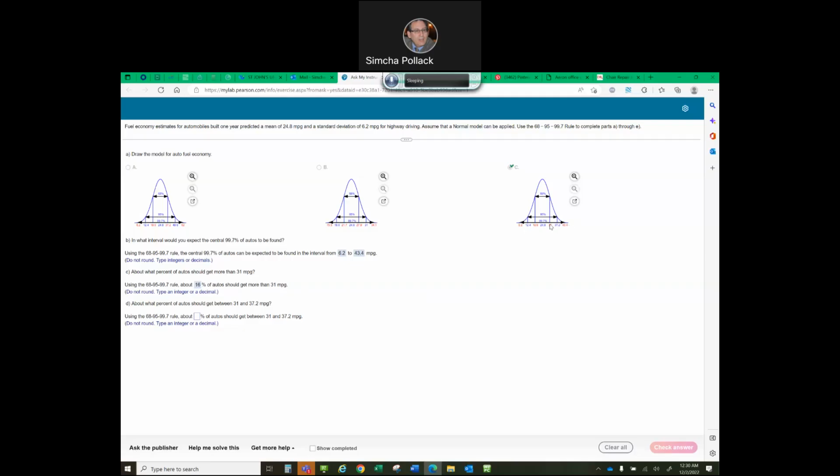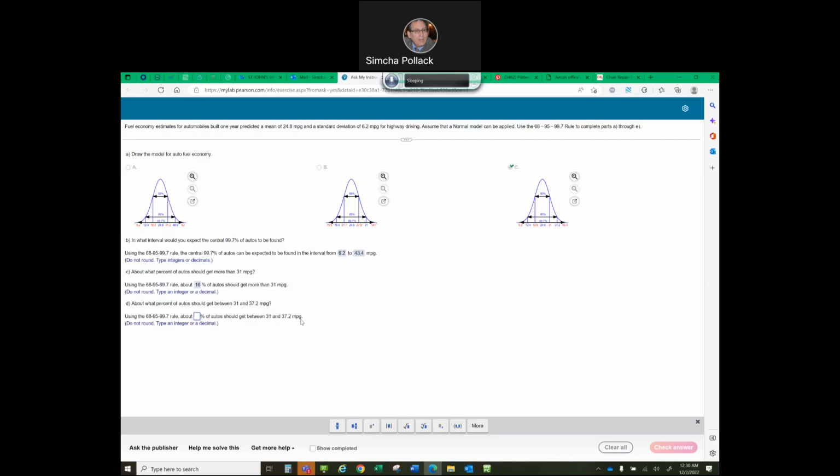From 31 to the end is 16%. From 37.2 to the end is 2.5%, because remember, from here to here is 95%, so this little piece has to be the missing 5% divided by 2. So you take 16%, take away 2.5%, and that comes out to 13.5%.